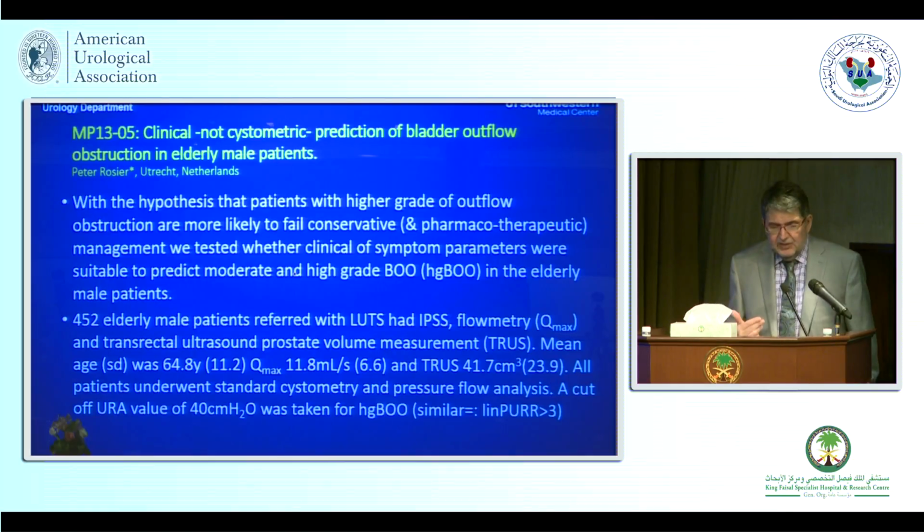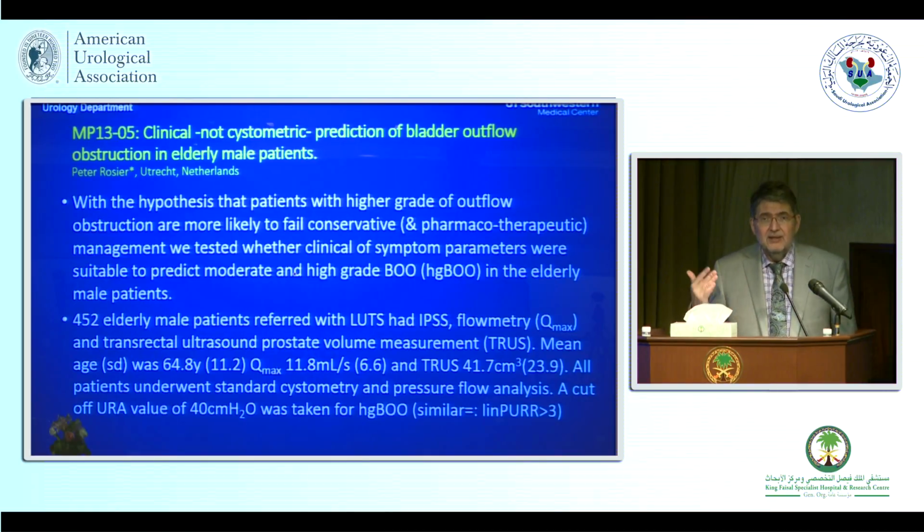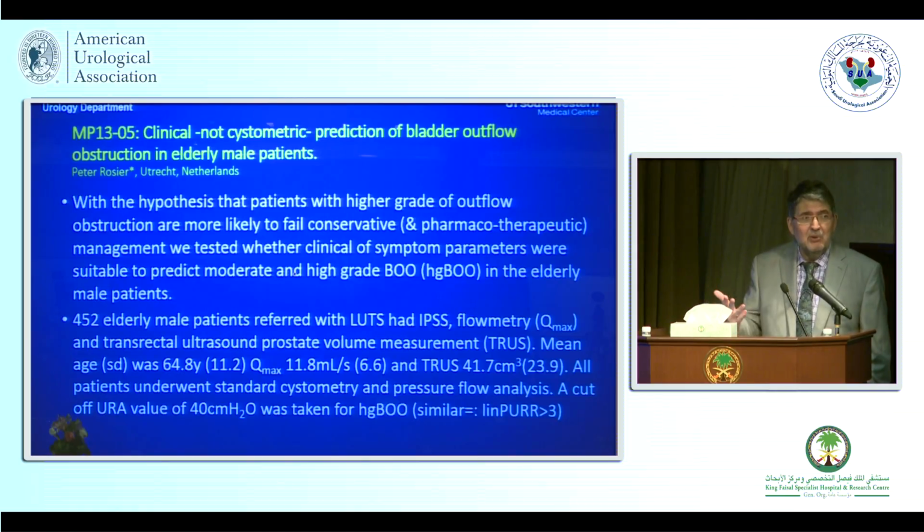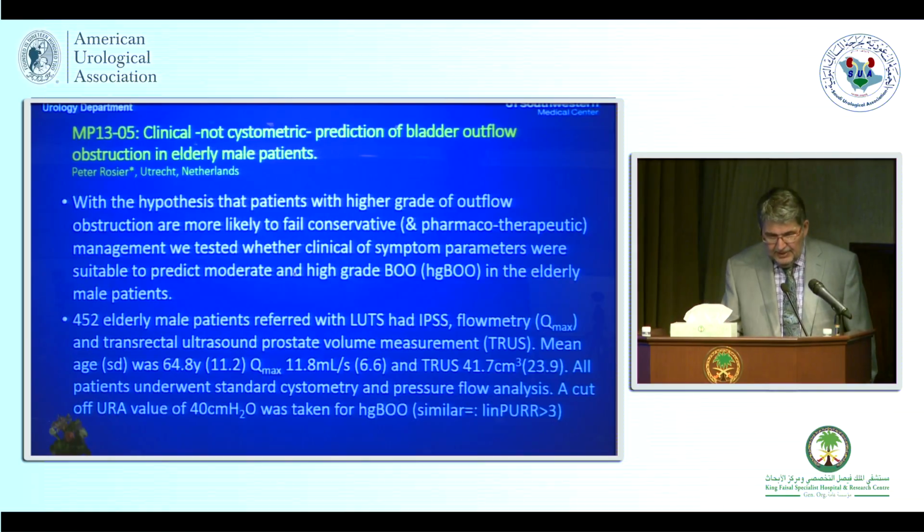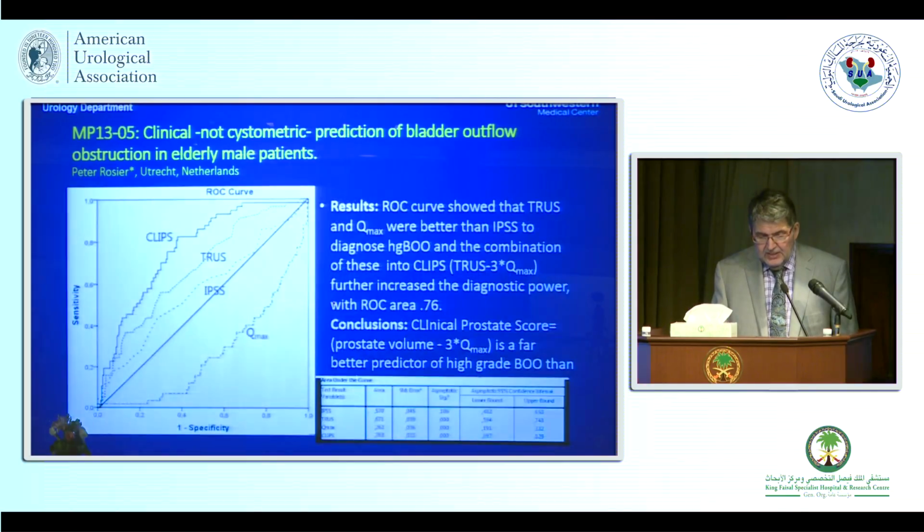Is there a way to predict obstruction in elderly male patients without invasive urodynamics? Now, you know, and I know that question has been asked years and years and over and over and over, and all kinds of formulas have been done. So he looked at 452 patients. He measured their prostate size, did invasive urodynamics. He measured the BOOI and all these kinds of indices.